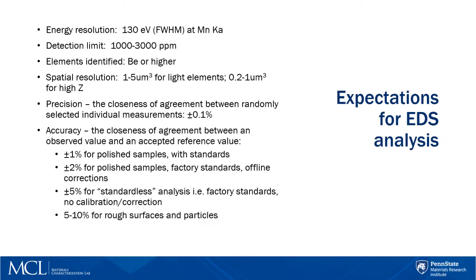Light elements is going to be really tough. High Z is where the best accuracy is. If you have a polished sample with standards, you can get accuracy of plus or minus 1%. That's not too bad. Agreement between these samples, if you do multiple samples, you can get some precision down to about 0.1%.